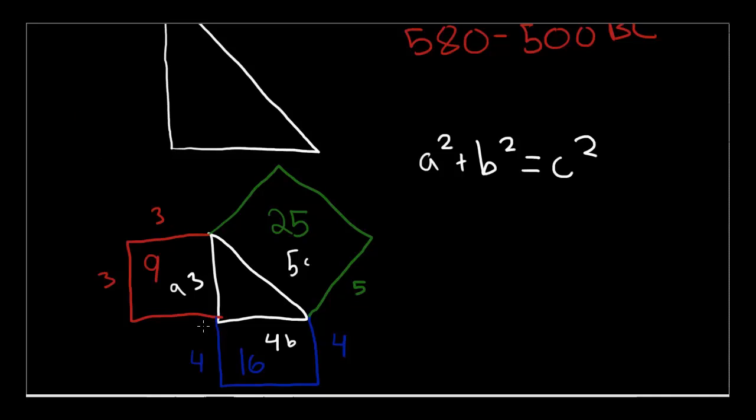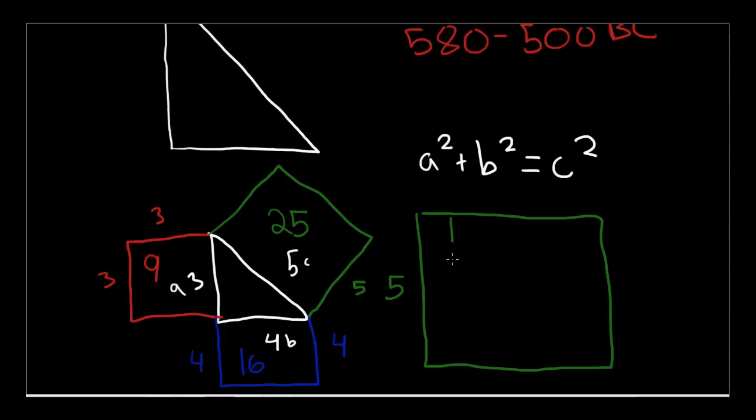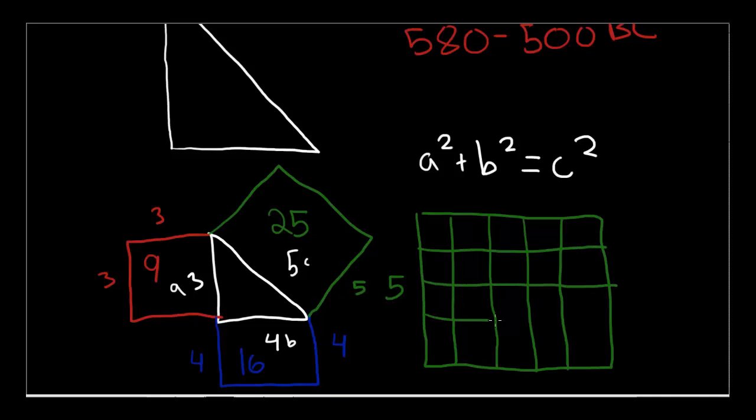Now, if we go a little bit further into this, let's draw the square with a length of 5, and let's grid this square, 5 columns and 5 rows. Now we can fit this red square and this blue square into this green square, even though they won't be completely intact.